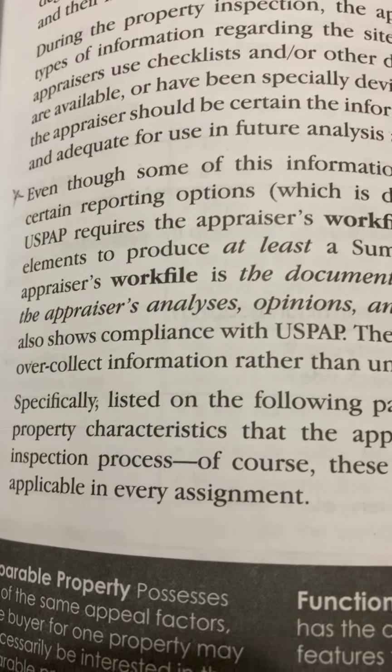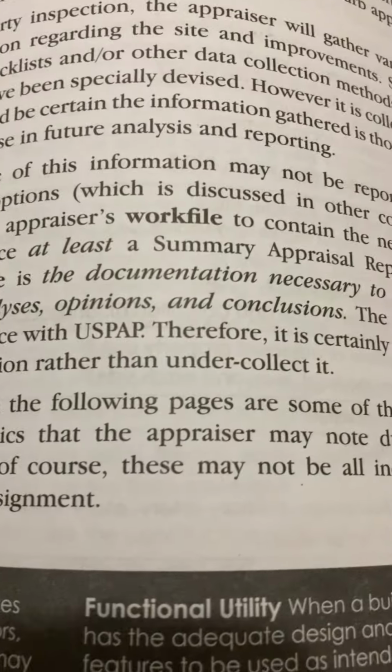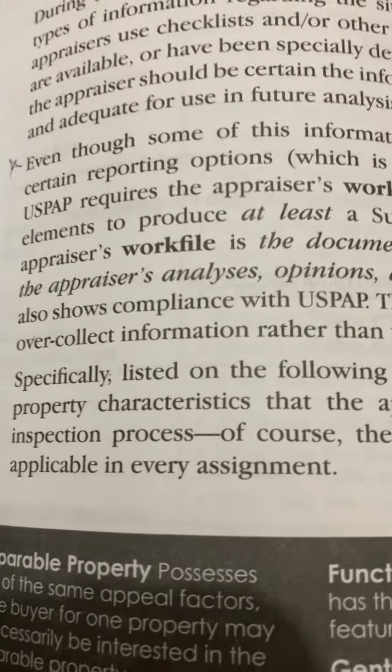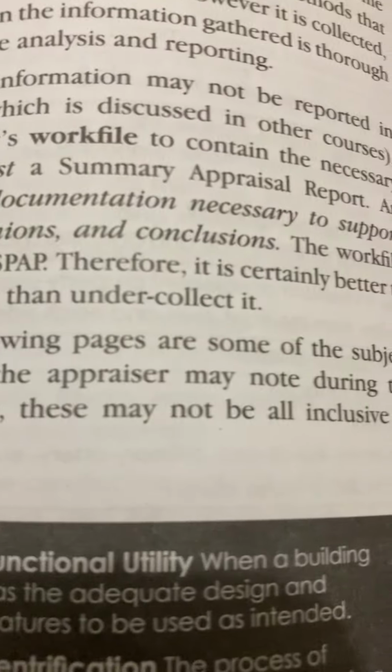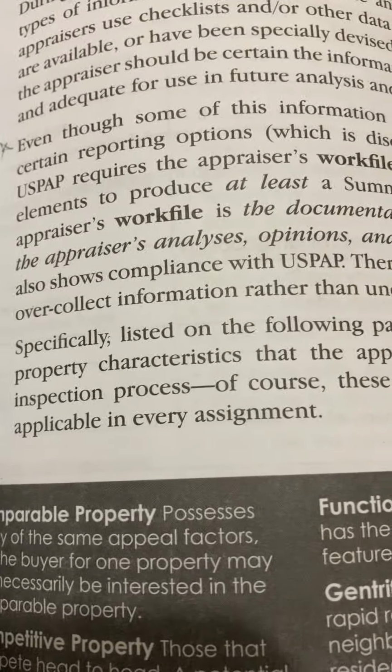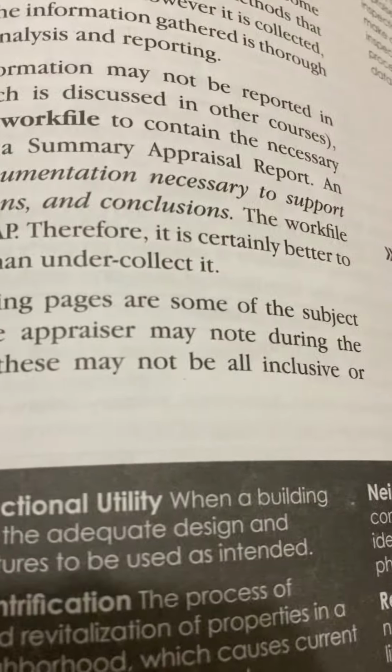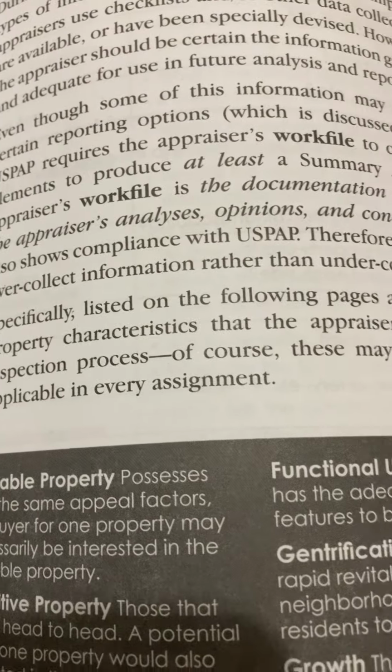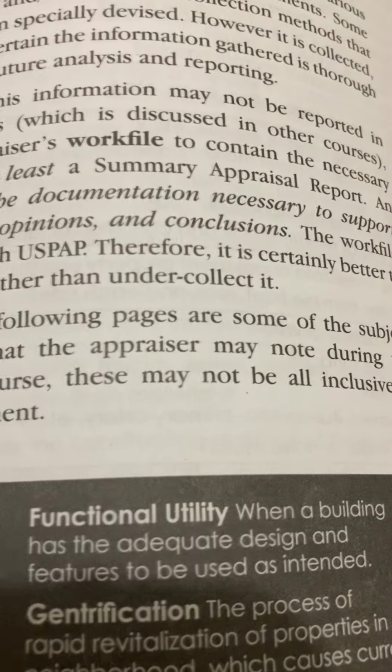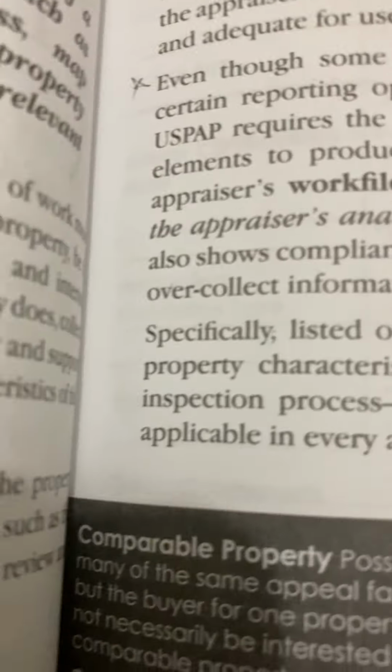Therefore, it is certainly better to over-collect information rather than under-collect it. Specifically listed on the following pages are some of the subject property characteristics that the appraiser may note during the inspection process. Of course, these may not be all-inclusive or applicable in every assignment.